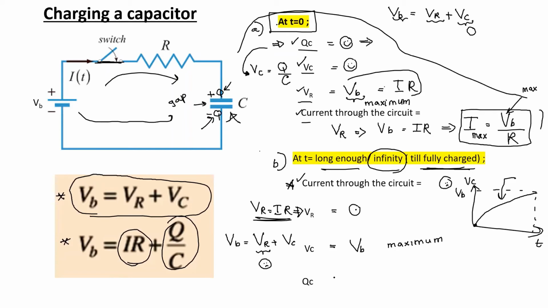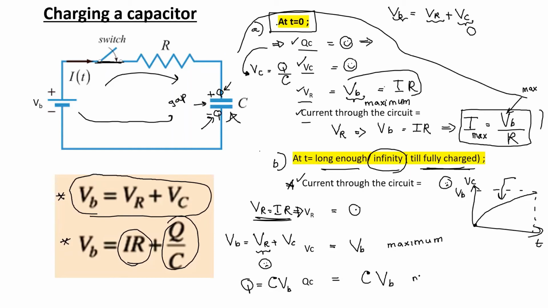So we know this, but can you tell about the charge in the capacitor? Very good. So we know Q equals CV. So now the capacitor has a voltage of VB across it. So your charge QC is C times VB.